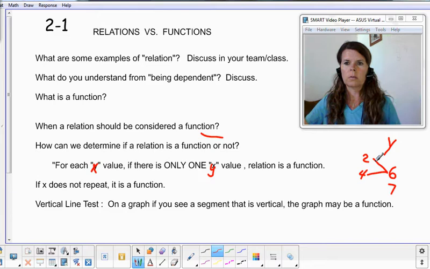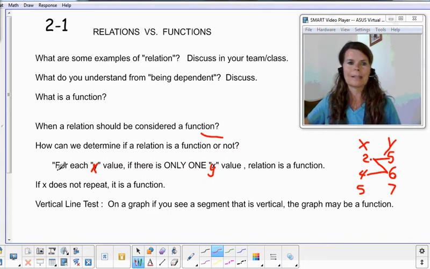So in other words, let's say for this x value, it also goes with 5. So you got 2 with 5, 2 with 6, 4 with 6, and let's say 5 with 7. And these are our x's, these are our y's. For each x value, there's only one y value. So right here, this 2 with this 5 and this 2 with this 6 is not a function because you're using the 2 twice.